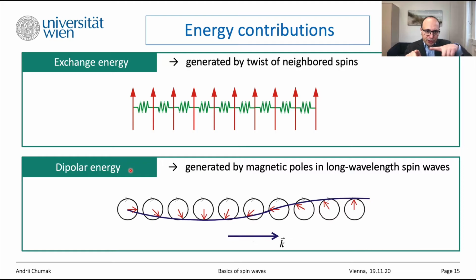Then you change the orientation of one compass arrow and all the others will also start to rotate because of the dipole-dipolar field. So this interaction has a magnetic nature, as opposed to exchange interaction. It's weak, but it's long distance. So for spin waves with large wavelengths, usually dipolar interaction has priority. And for very short wavelengths, exchange interaction plays the dominant role.